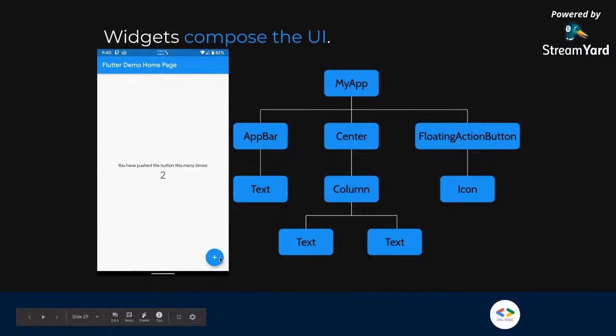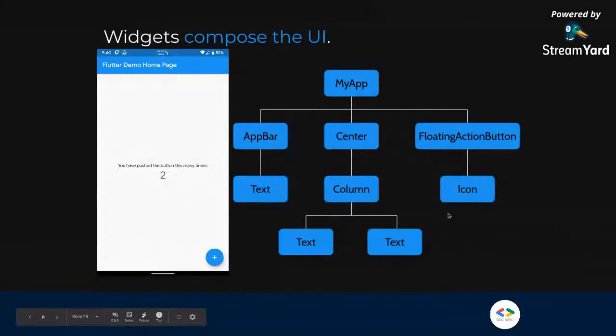Simple stuff. So this entire UI is built by widgets. The app bar has a text. The scaffold also has a body, the main content, and it has a floating action button. This set of widgets come together and compose this entire UI.